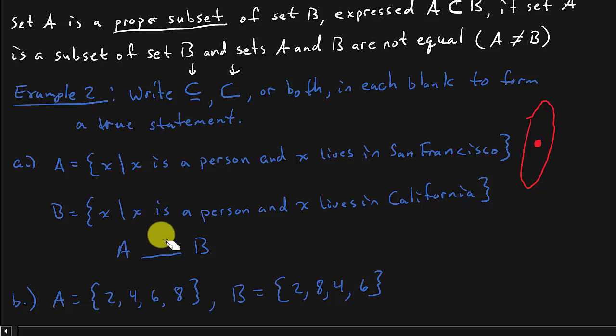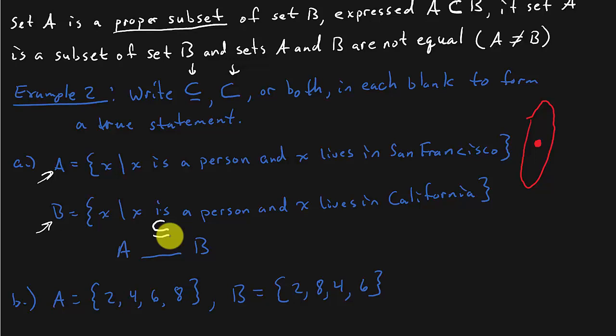Let's ask ourselves this. Is every element of A in B? Yes, because every person that lives in San Francisco is also in California. So we could use this symbol, it's a subset. Now, is it a proper subset?